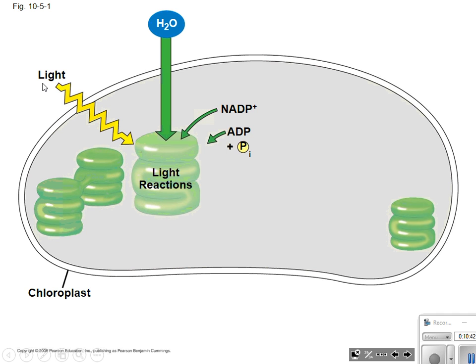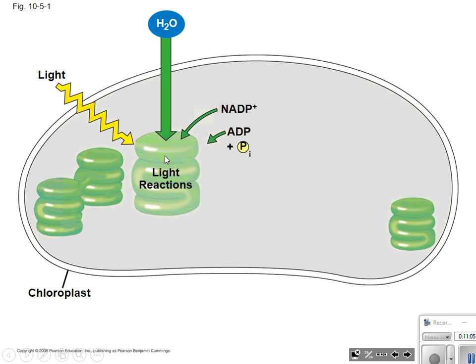So the majority of the plants get their light from the sun. Now, we just said that water is also one of our reactants in the equation. Light and water. We haven't come upon the third one yet, but the light and the water.